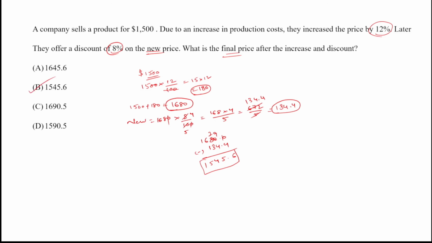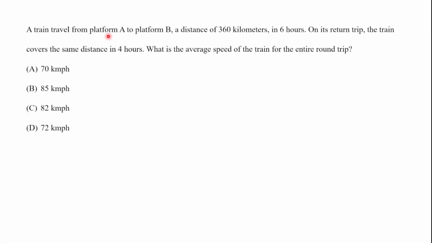Let's see the next question. A train travels from platform A to platform B, a distance of 360 kilometers, in 6 hours. On its return trip, the train covers the same distance in 4 hours. What is the average speed of the train for the entire round trip?